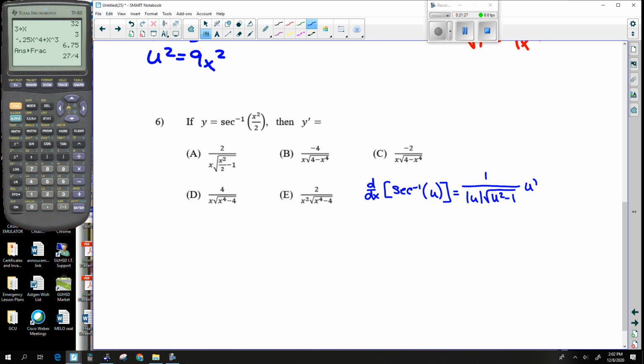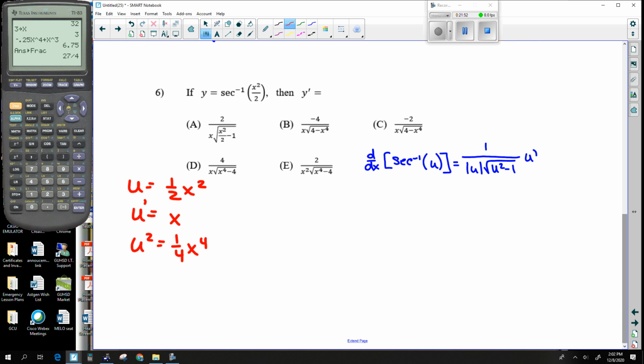Let's identify some stuff. So u is 1/2 x squared. That means u prime is x, and u squared is 1/4 x to the 4th. I'll probably have to factor out some stuff here and do some math.